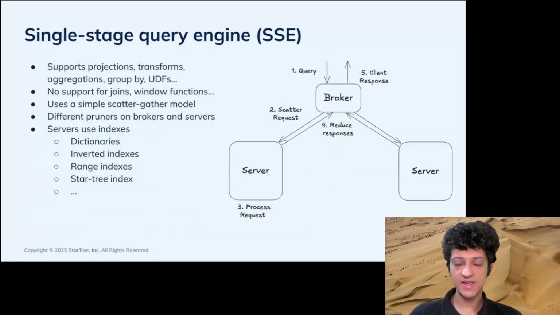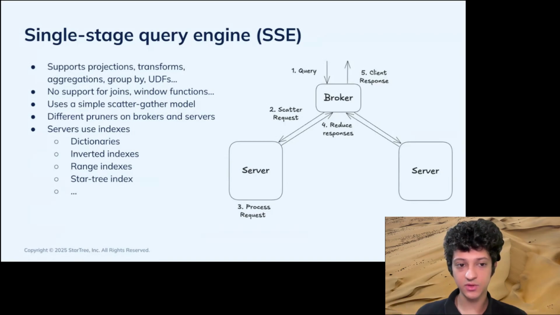So, the single stage query engine. This is Pinot's original query engine, the first query engine that supports projections, transformations, aggregations, group bys, UDFs, and a bunch of other stuff. But it does not support more advanced SQL constructs like joins, subqueries, window functions, and a bunch of other things.